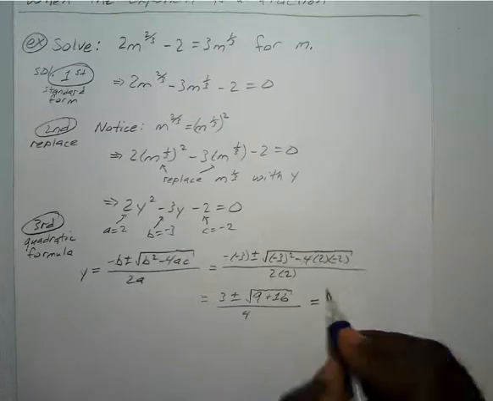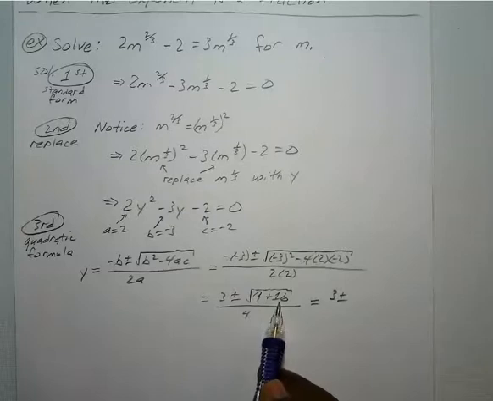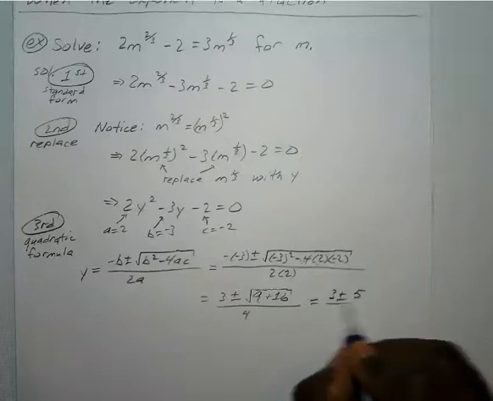That becomes 3 plus or minus the square root of 9 plus 16, which is 25. The square root of 25 is 5, all over 4.